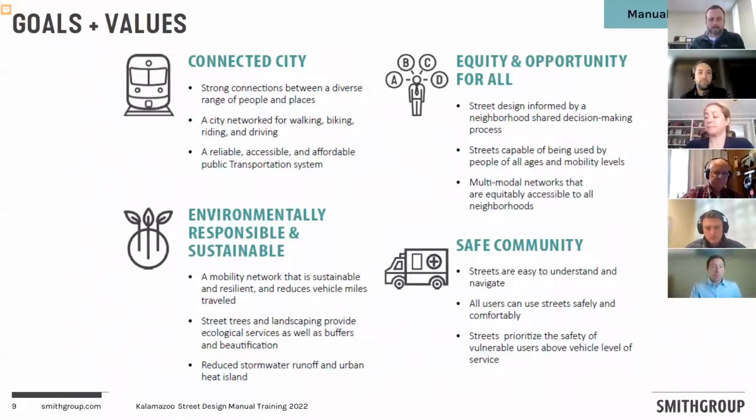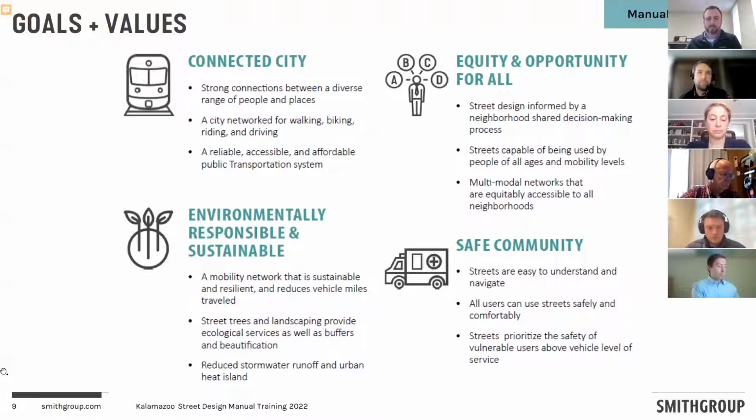Yeah, and just to build on what Dennis is saying, and Christina as well, this manual is really meant to tie our city values, what we value as a city, what our goals are collectively, in with a design manual, which is really cool, and I think that's what makes it unique and specific to Kalamazoo, different than some of those other national guides.